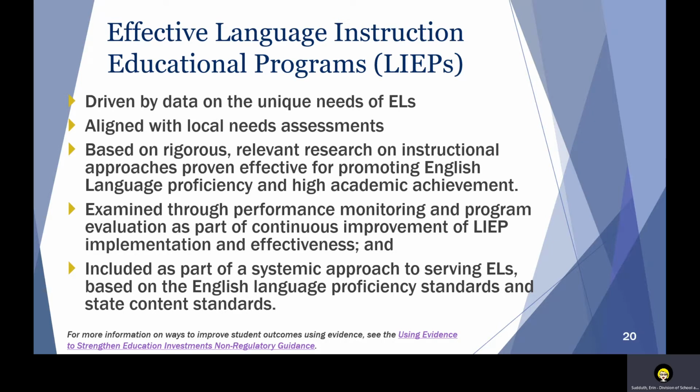Is it examined through performance monitoring and program evaluation as part of continuous improvement of LIEP implementation and effectiveness? And is it included as part of a systemic approach to serving ELs based on the English language proficiency standards and state content standards? For more information on ways to improve student outcomes using evidence, see the Using Evidence to Strengthen Education Investments non-regulatory guidance.